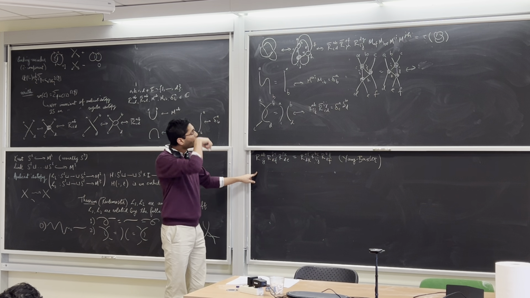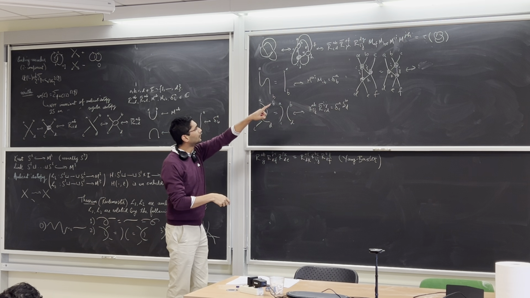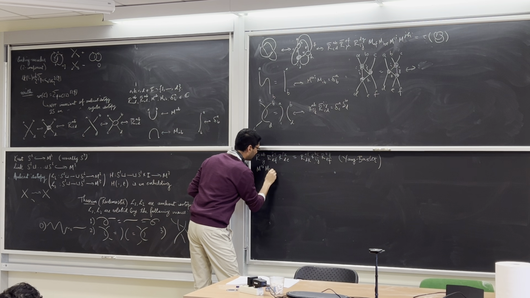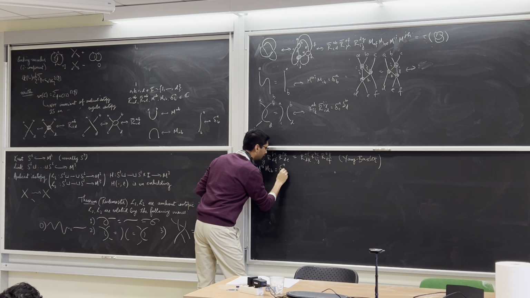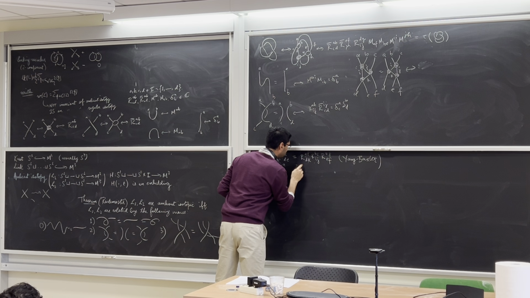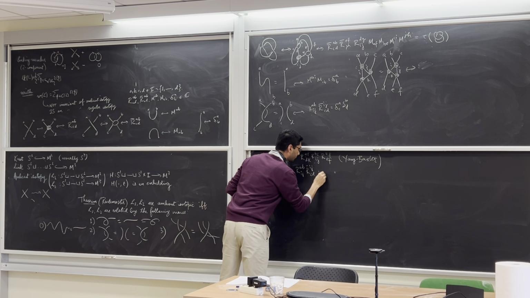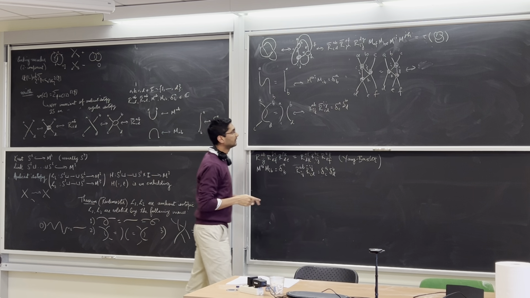Thank you. And along with this, I have those two other conditions which just say that M with upper and lower indices are inverses of each other, and these are inverses of each other.